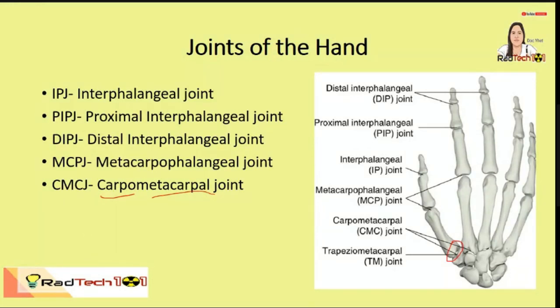It connects the metacarpals, ito yung metacarpals natin, to the carpal bone. So we have here the first CMC joint. So the same is true here. We have the second, ito, second CMC joint, third CMC joint, fourth CMC joint, and fifth CMC joint. So I hope that is clear. Okay?